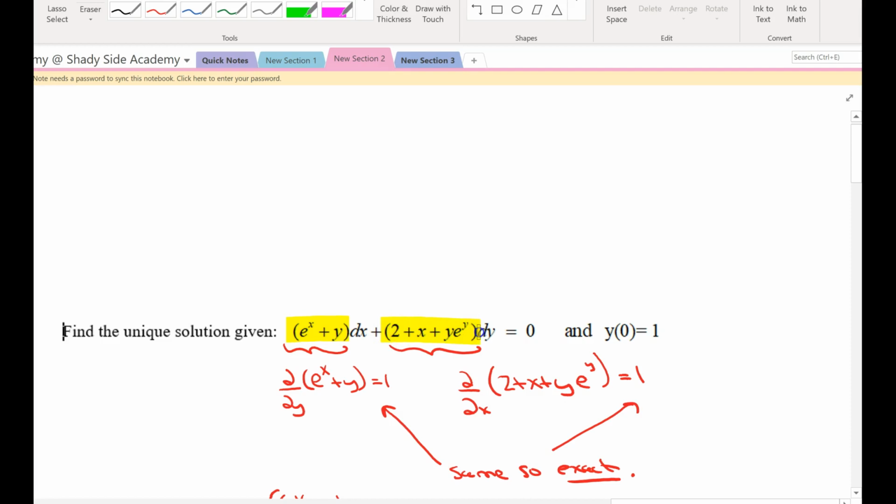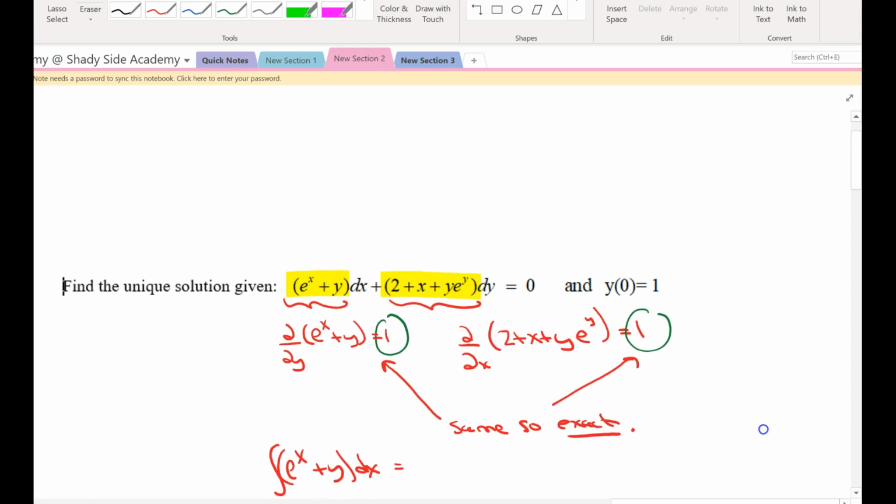This here is the partial derivative of something with respect to y. We're checking the partial derivative with respect to y of the partial derivative with respect to x, and the partial derivative with respect to x of the partial derivative with respect to y. They are the same. The diffie-q is exact, so we may proceed.